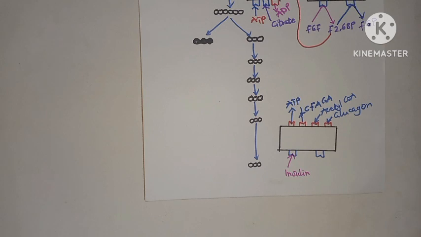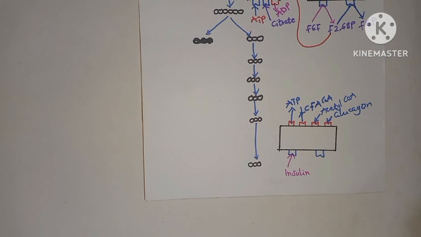Fructose 1,6-bisphosphate is producing a large amount of ATP, and it is sending a message to pyruvate kinase telling it, get ready, for I am making a lot of ATP. So you better increase your activity in order to break down.